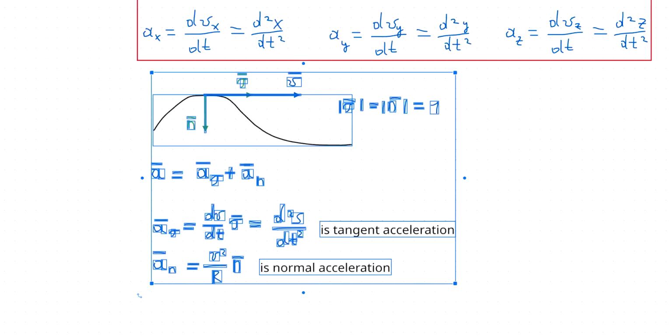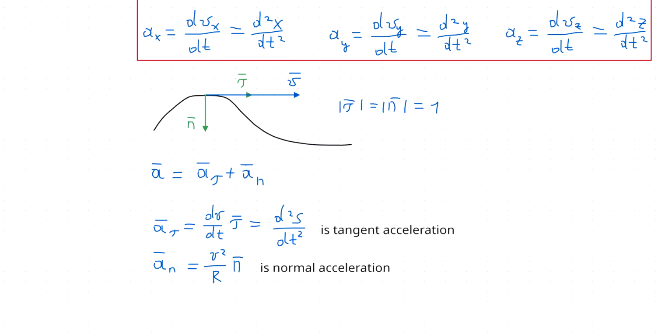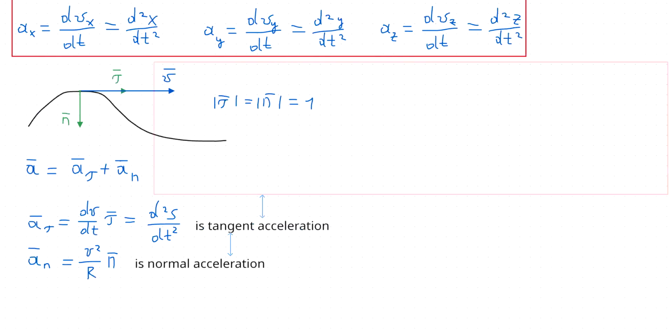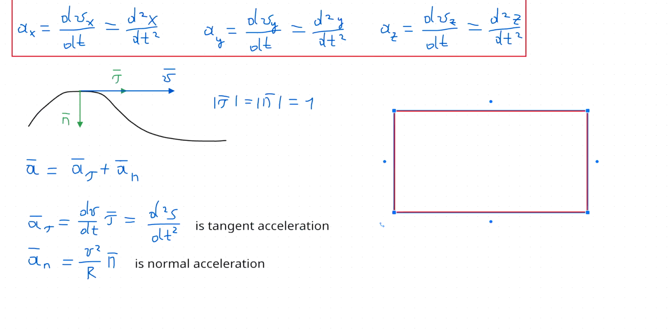But before doing this, it is necessary to notice that tangent acceleration is directed along tangent vector, and normal acceleration is directed along this vector. It means that we can make a picture. So we can show these accelerations on the picture in this way.